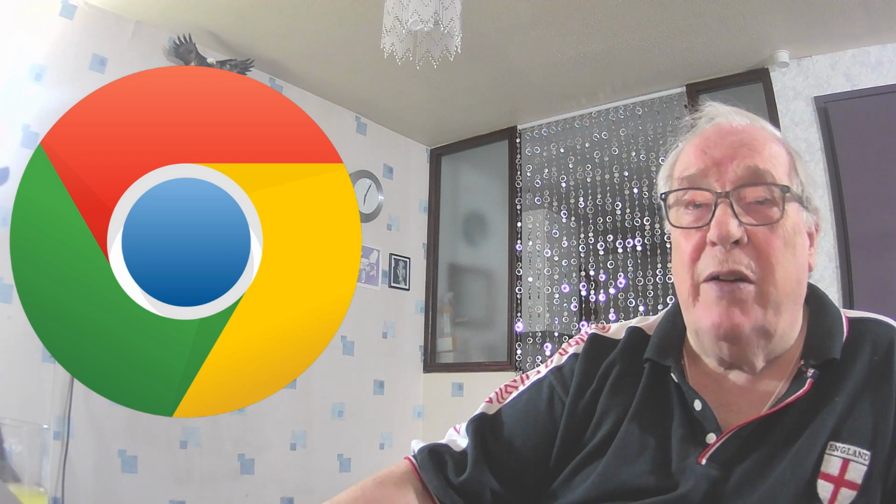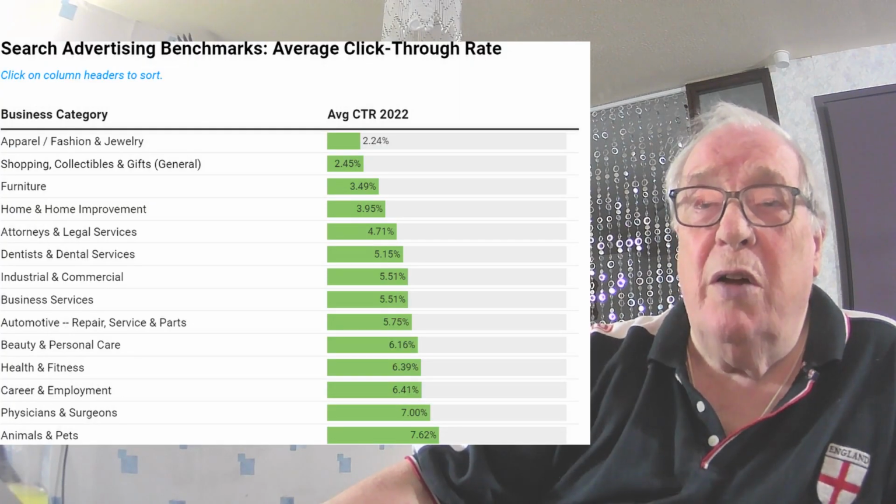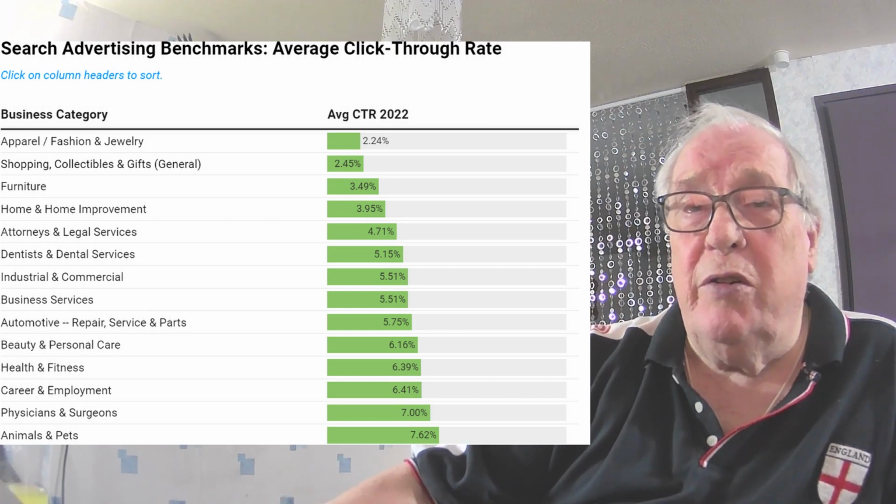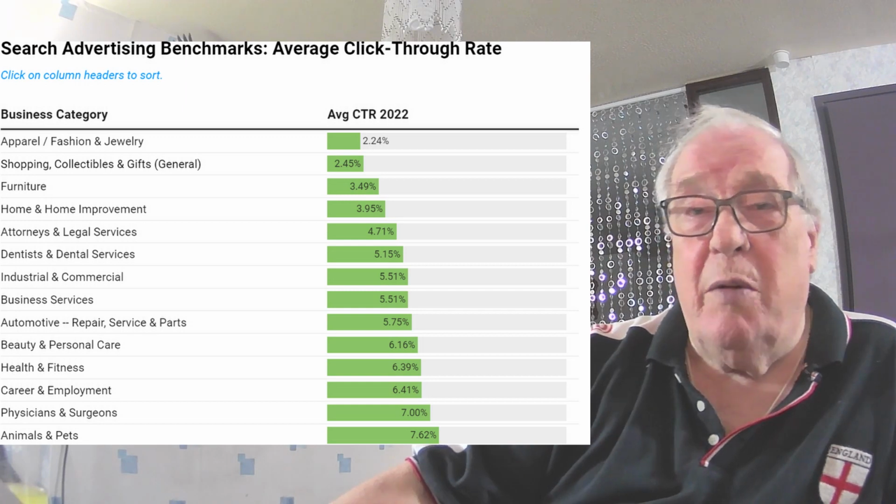Average click-through rate in Google Ads 2022. Click-through rate is the percentage of ad impressions that results in a click and helps to show you how relevant your advertising is to the target audience.